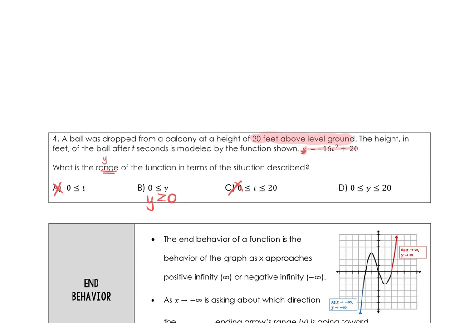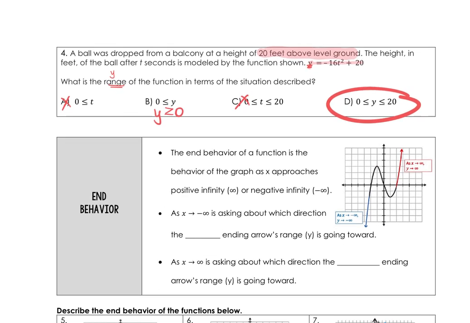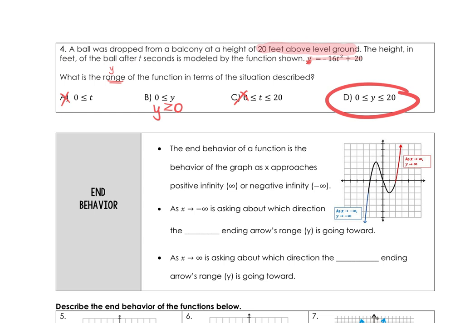D. Can the height be 21 feet? 22 feet? 23 feet? No, it's only 0 to 20. So that would be the range. Good job. I pulled that question from last year's EOC.